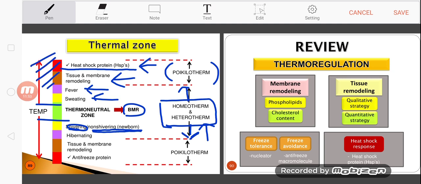When the poikilotherm experiences lower temperature, exposed to very cold temperature, it will execute tissue and membrane remodeling. Or the cell or their tissue have antifreeze protein, which will disrupt the crystal formation or alter the freezing point.